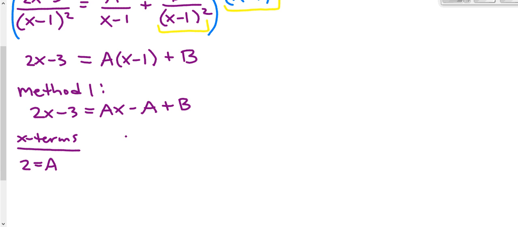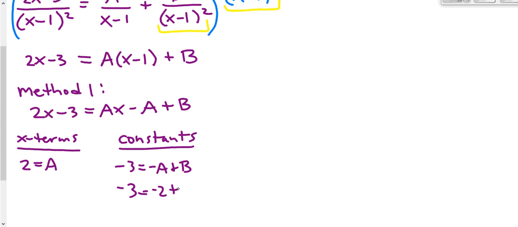Easy peasy. And for the constant equation, we have negative 3 equals the opposite of a plus b. And because we just found out that a is 2, we could write negative 3 equals negative 2 plus b. So b is negative 1.